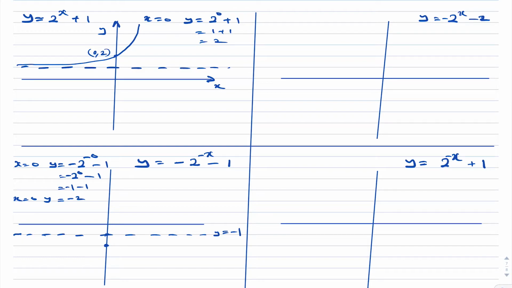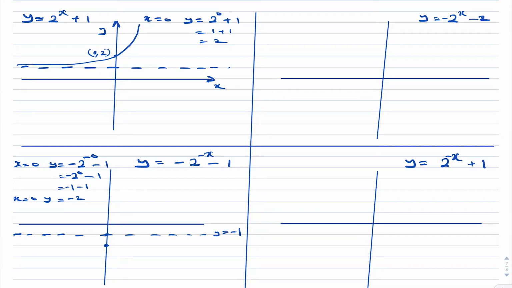And this graph, because it's a negative, so it's a reflection, and also it's minus as well. If you look at it, it's a reflection of the positive graph in the y-axis and then a reflection in the x-axis.